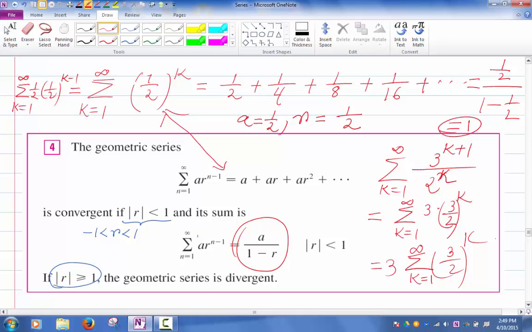And what's the common ratio? Is it bigger than 1? It's divergent then, right? So divergent. Am I making sense? Okay, so I did sloppy work here, but I'm going to do a lot more examples next time to illustrate how to use the geometric series.